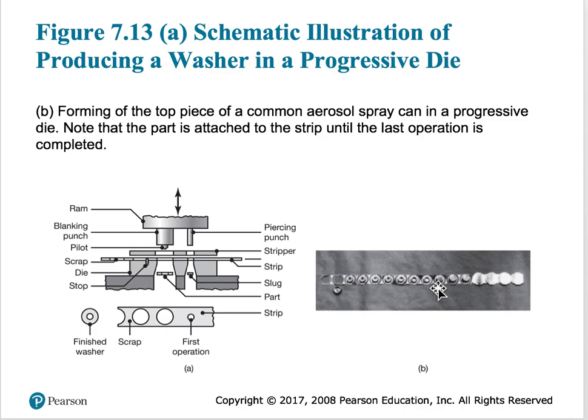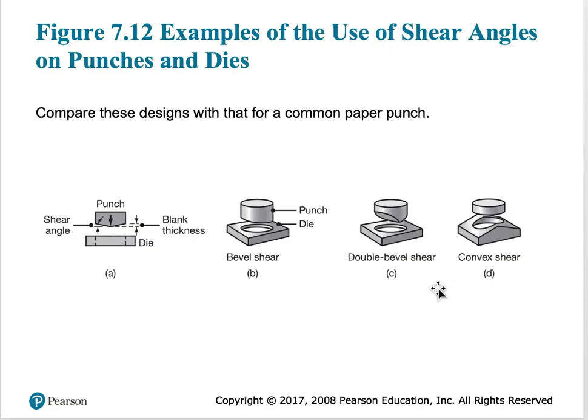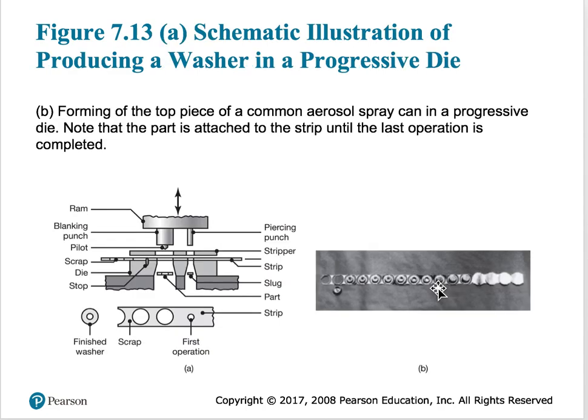The different kinds of dies are these different punch and die shapes, as I said. And the other thing we can talk about is that you can have what is called a compound die.